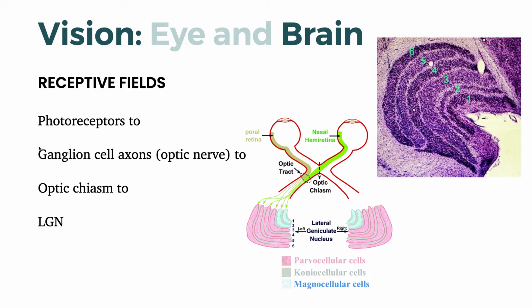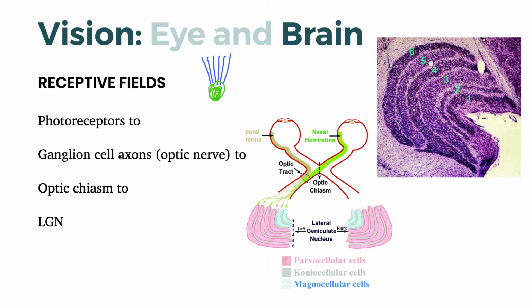Okay, so the ganglion cell axons, right, we know that they form the optic nerve, and that travels through the optic chiasm. Okay, and just like photoreceptors feed into a ganglion cell receptive field, some of these axons feed into the LGN receptive field.